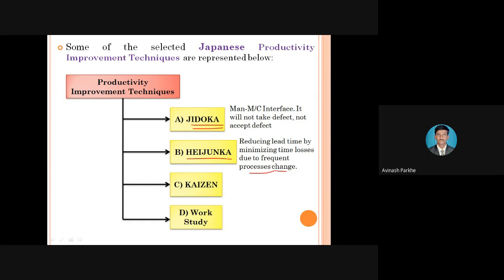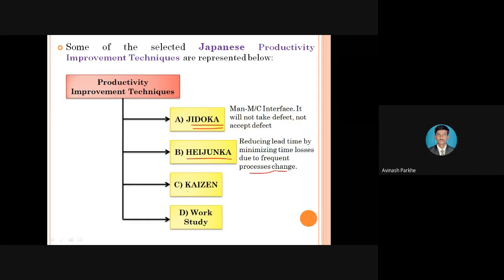So in order to avoid such situations, and the increasing time of that process, Heijunka is one of the Japanese processes which is also implemented in some of the standard industries, due to which your productivity can be increased.